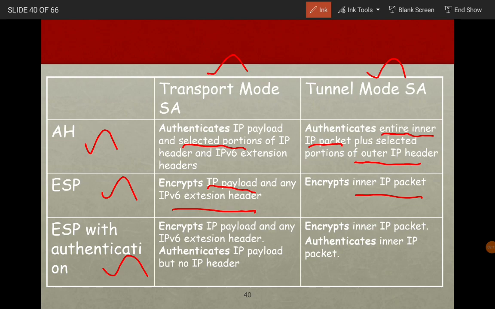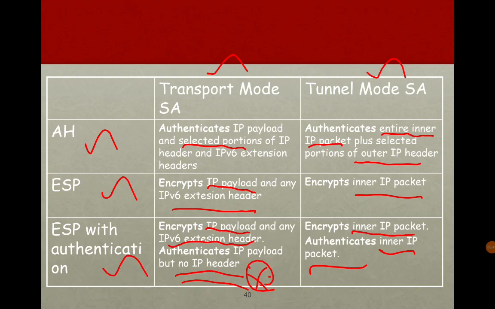In transport mode, it encrypts the IP payload and IPv6 extension header, and not only does it do encryption, it also authenticates the IP payload but not the IP header. That is the important point. And in tunnel mode, it encrypts the inner IP packet and authenticates the inner IP packet.